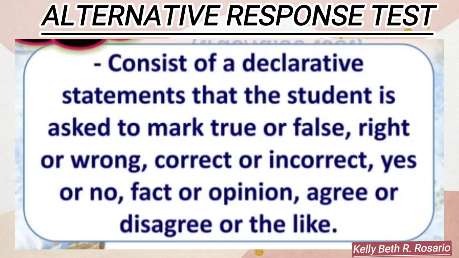Alternative response test consists of declarative statements that the student is asked to mark true or false, right or wrong, correct or incorrect, yes or no, fact or opinion, agree or disagree, or the like. In this type of test, the student can only answer true or false.